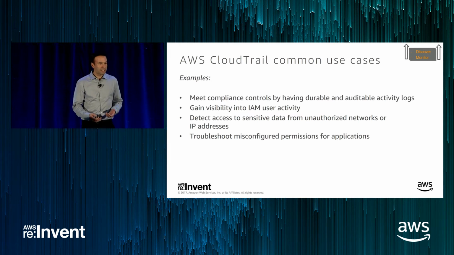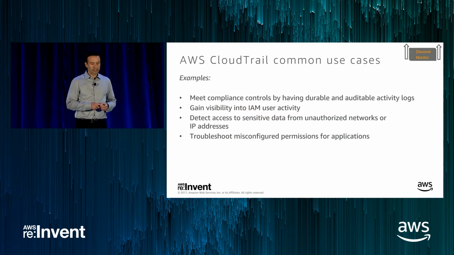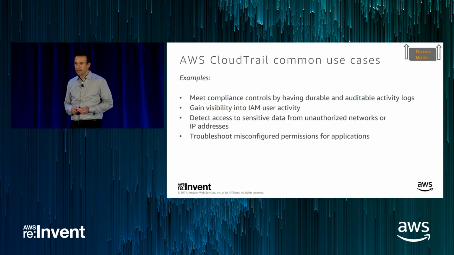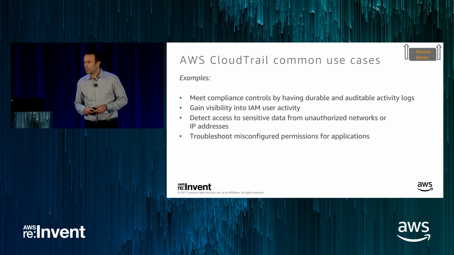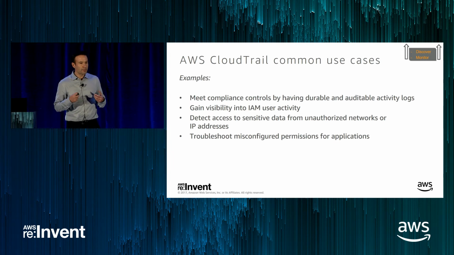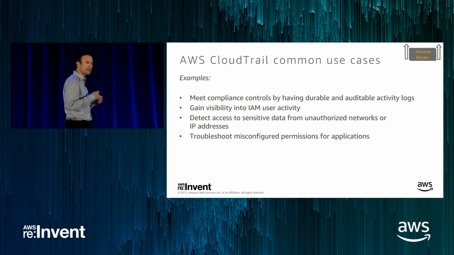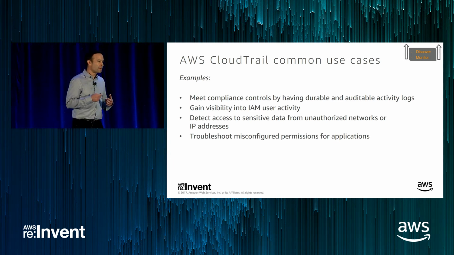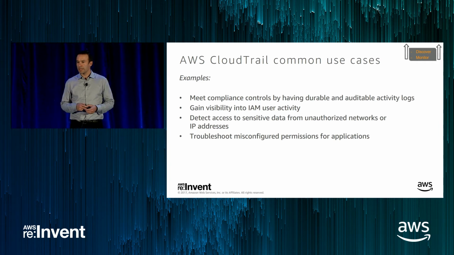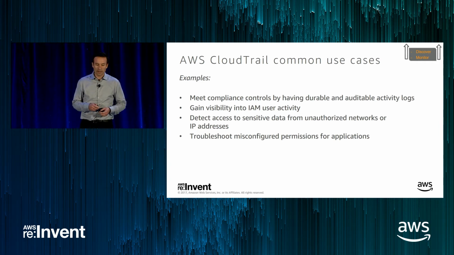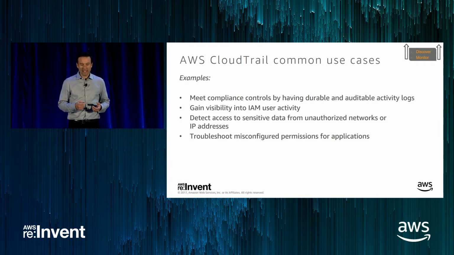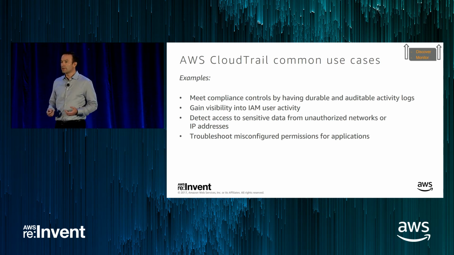So some of the common use cases for CloudTrail include meeting compliance controls, probably the number one use case. Anybody that's looking to do PCI workloads, HIPAA workloads, or be ITAR compliant is going to require CloudTrail logging enabled. It also helps you gain visibility into user activity.